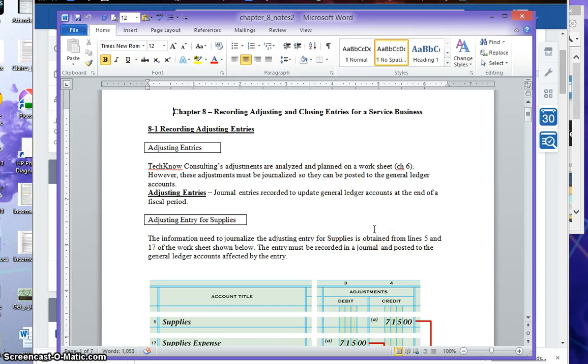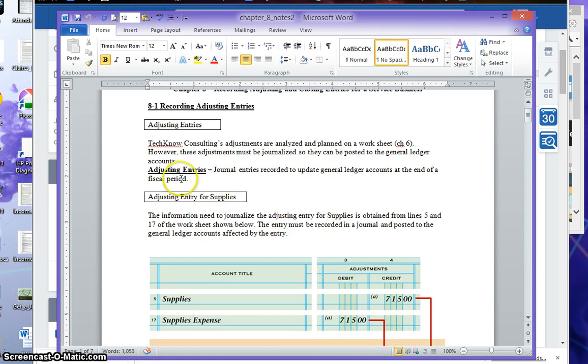Alright, so for the recording of the adjustments, which is Section 8.1, we learned in Chapter 7 how to do our worksheet and create our income statement and balance sheet and so forth. And now what we're going to be doing is basically just taking the information from our adjustment column on our worksheet and recording it into a general ledger.